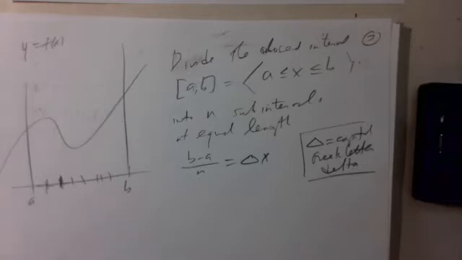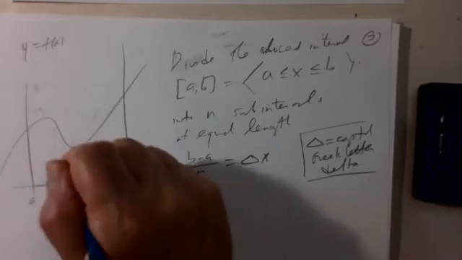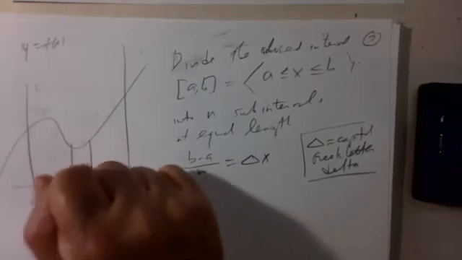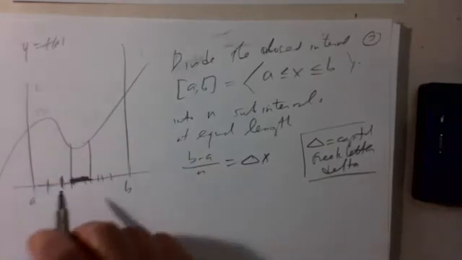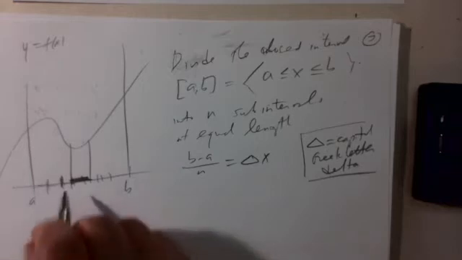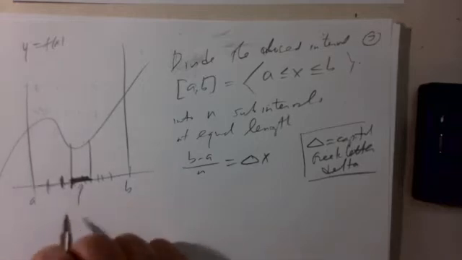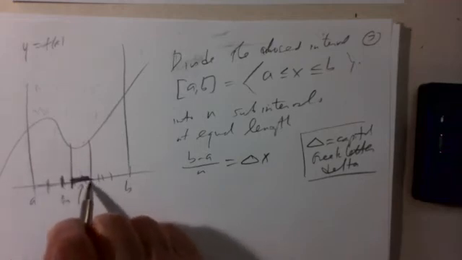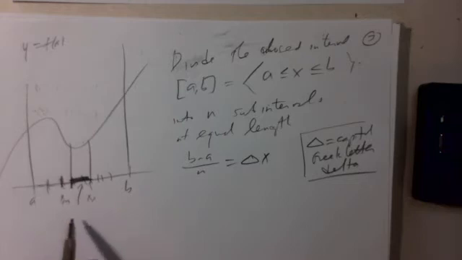So each of these subintervals has length delta x. So here's a subinterval, and let's say this is x sub i minus 1, and this is x sub i. Those are the endpoints of the interval.